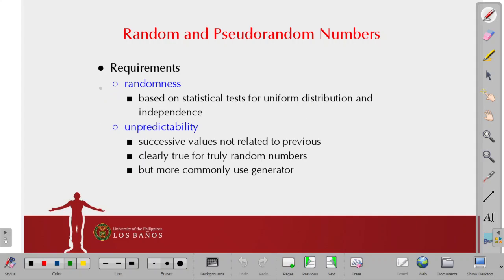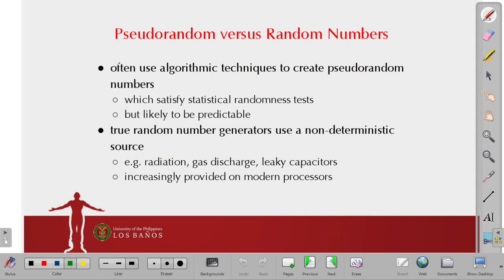Requirements are the following. So it should be random, so it should be uniformly distributed, meaning each value will have an equal chance of being used, right? Unpredictability: successive values not related to previous values, okay? Clearly true for truly random numbers. But in the computer, we have what we call a pseudo-random number generator. Pseudo-random numbers versus random numbers.